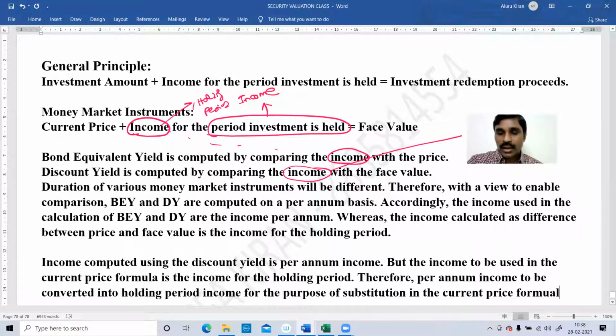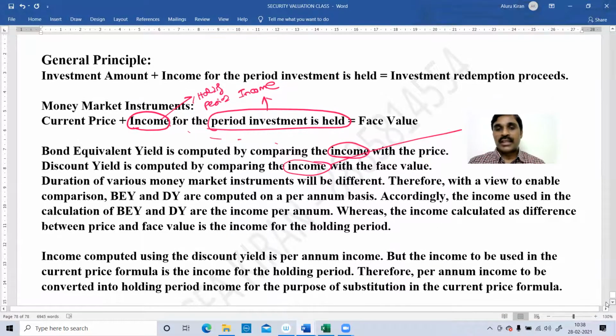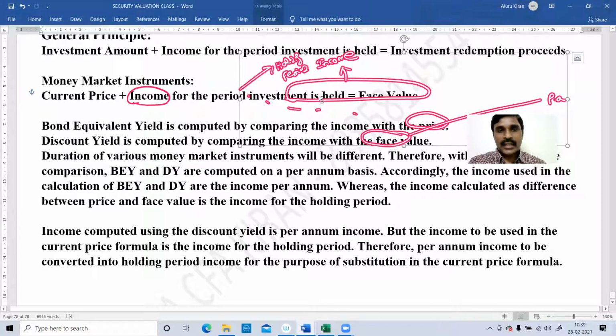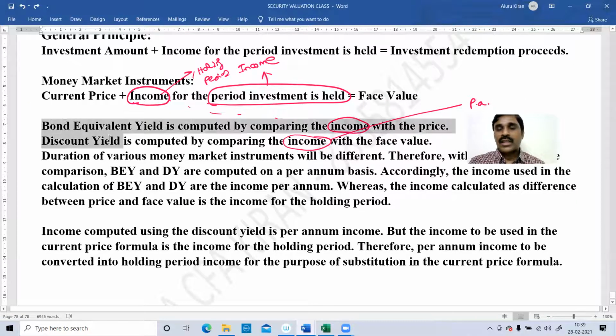So these are all conceptual ways of learning, understanding what we are doing in each and every step. This is logical. I am holding the investment only for 30 days, therefore I'll get income only for 30 days. But bond equivalent yield and discount yield are quoted on a per annum basis, to facilitate comparison.